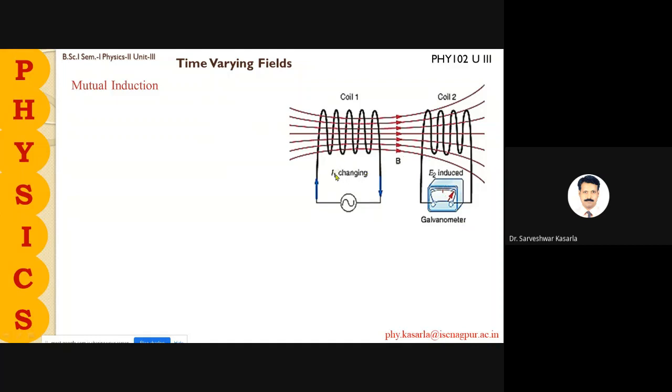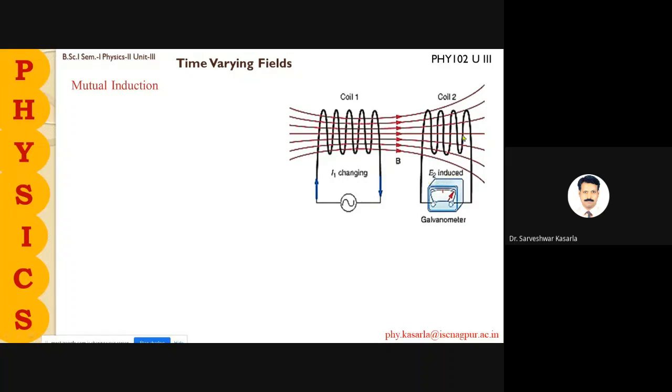Now, due to the change in current in coil number 1, the flux will change. If current I1 is changing, the flux linked with coil number 1 will change, and the same flux linked with coil number 2 will change. So due to rate of change of flux in coil number 2, an EMF will be induced, and that is E2.